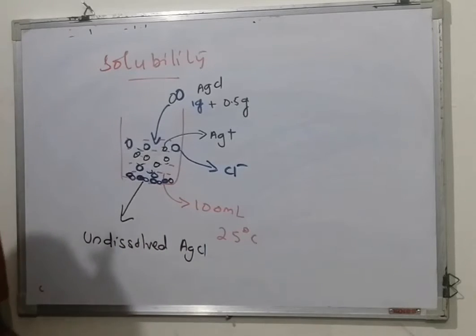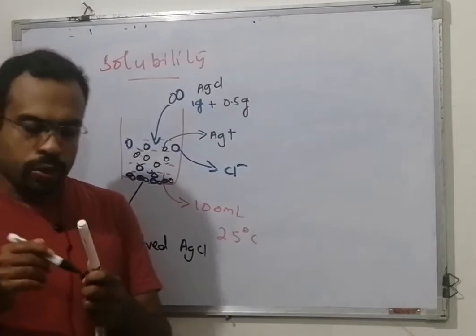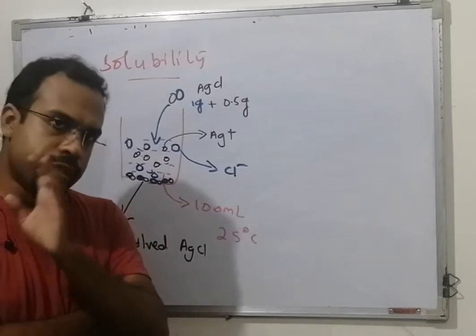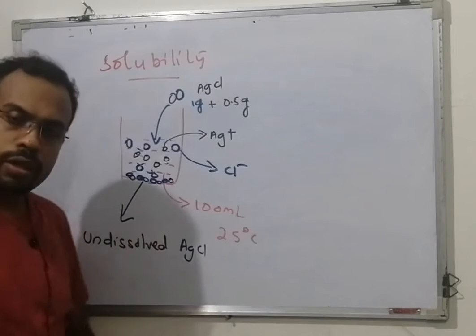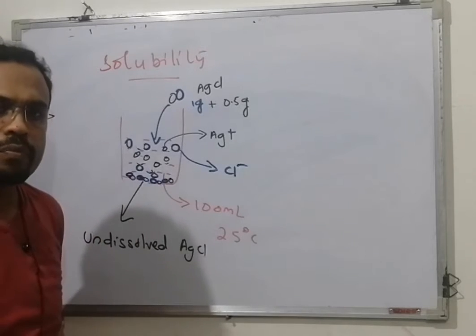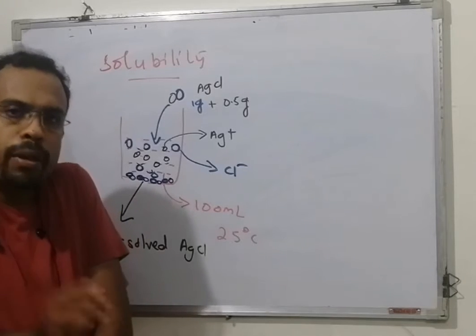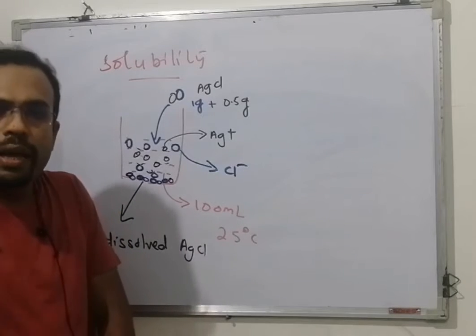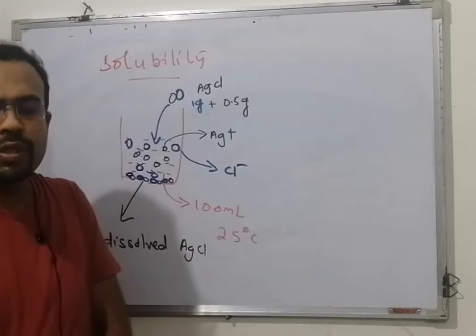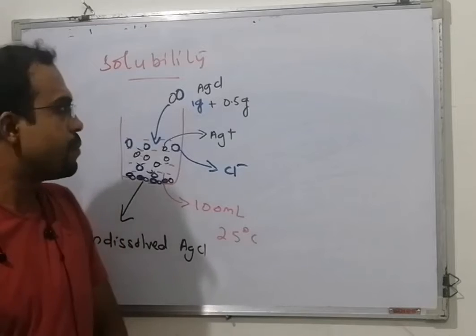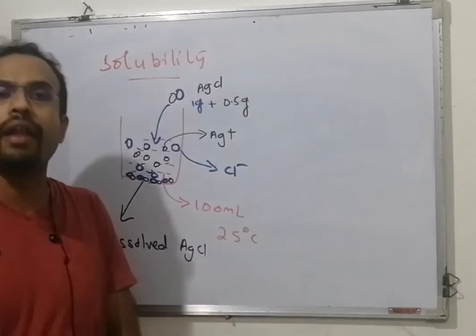Okay. Now you can say your solution is saturated. What I did: I took 100 ml water at 25 degrees centigrade. I added a small amount of AgCl, completely dissolved. Again a small amount dissolved. Again added, in total I added 1.5 gram.